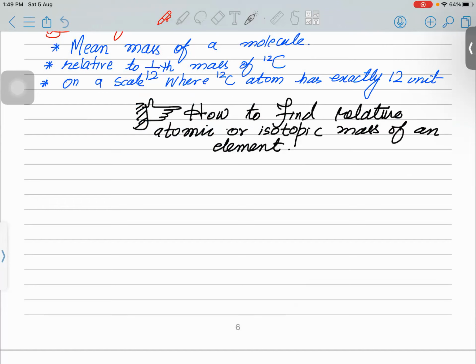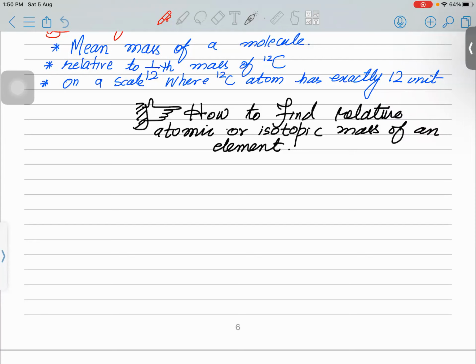Isn't it normally given in the question? Yes, you can say that, but that is if the numerical is asked by the examiner. But my question is how do you practically find the relative molecular mass? For example, you have lemon juice and you find the molecular mass of the given solution.